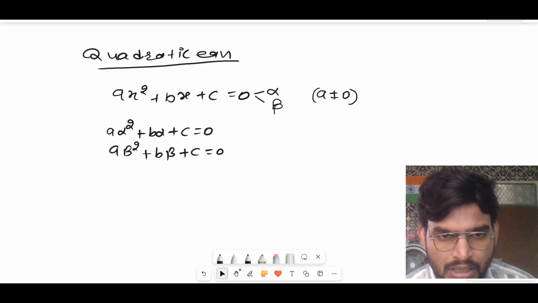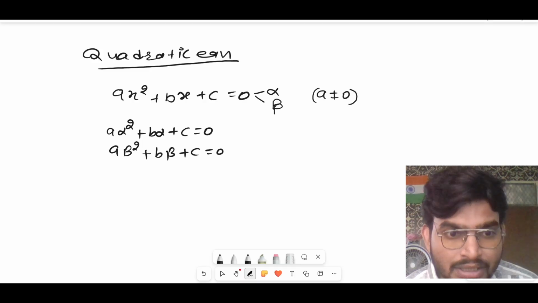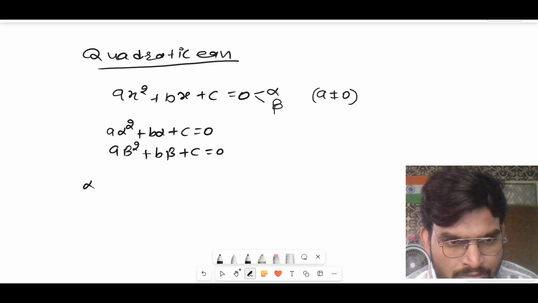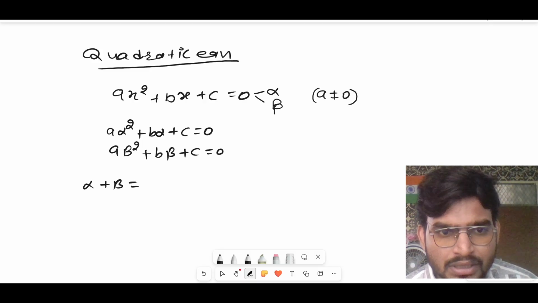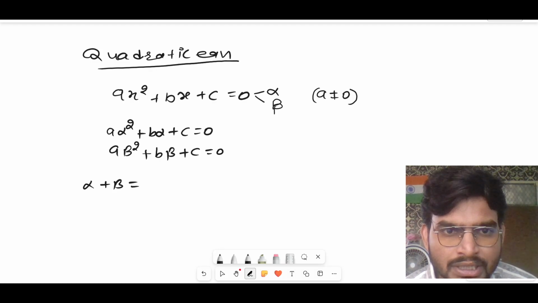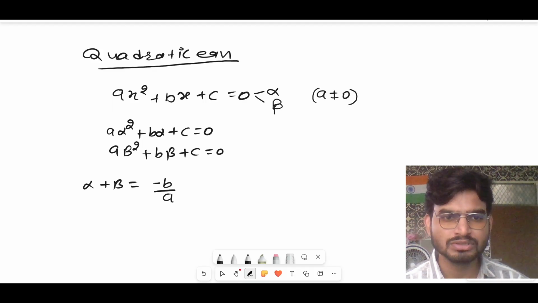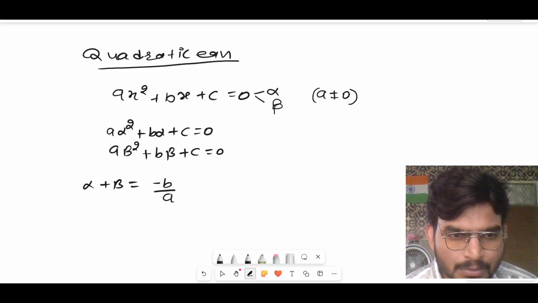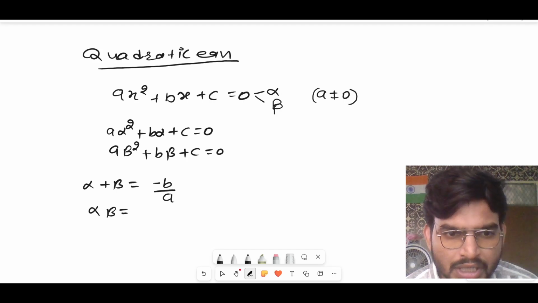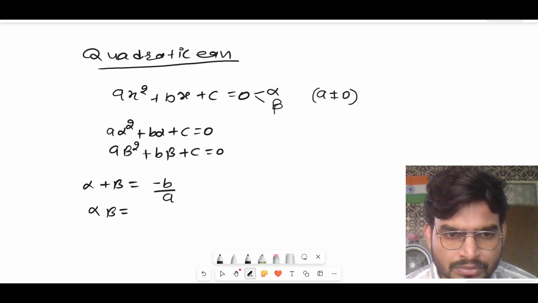Okay, and here we also have two relations. The sum of the roots, alpha plus beta, will be equal to minus coefficient of x upon coefficient of x square. Here the coefficient of x equals b, so minus b upon a. So the sum of the roots will be minus b by a, and the product of roots, alpha into beta, equals the constant upon coefficient of x square, so this will be c upon a.